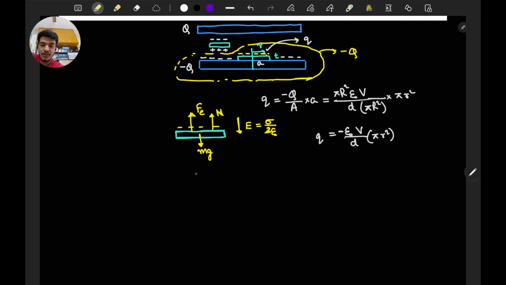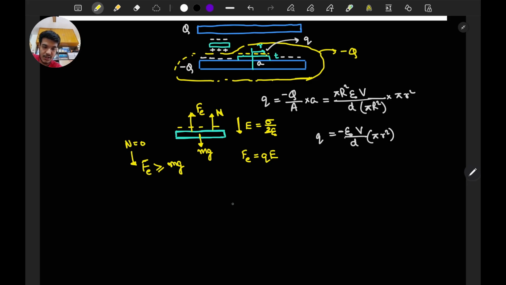So for leaving contact with the disk below, N has to be 0, and this is only possible if F is greater than or equal to mg. Now F is qE.